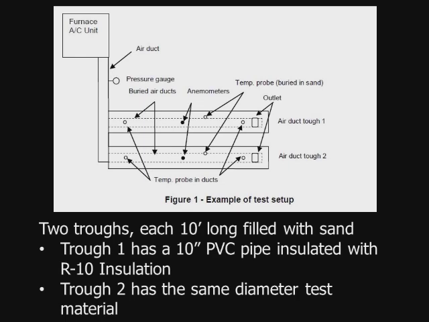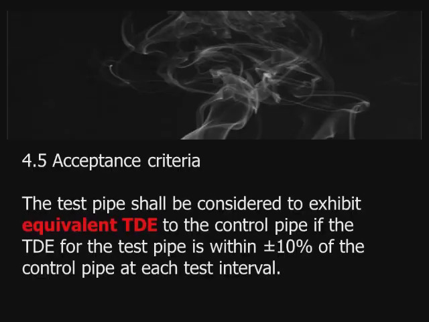In the second trough, you have your test duct or test pipe that you're looking to determine the thermal distribution efficiency on. Both of these ducts are attached to a furnace, a source of heat, and they blow 150-degree Fahrenheit air through both of these ducts for an hour. They have temperature probes throughout the sand at the inlet and the outlet of the two ducts.